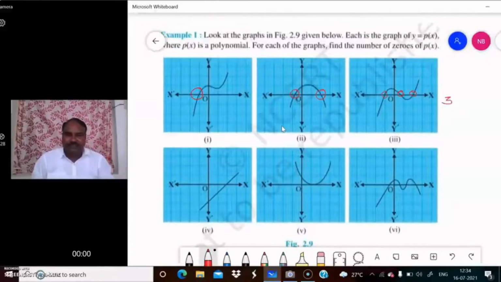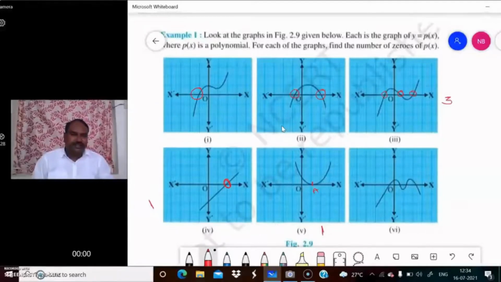As well as if you take this fourth one, here we have to observe only the x-axis, it intersects at only one point, a single point, so this polynomial represented by this graph will have only 1 zero. As well as here also, this intersects the x-axis at only one point, so the polynomial represented by this graph will have only 1 zero.